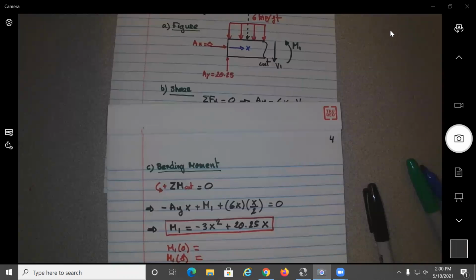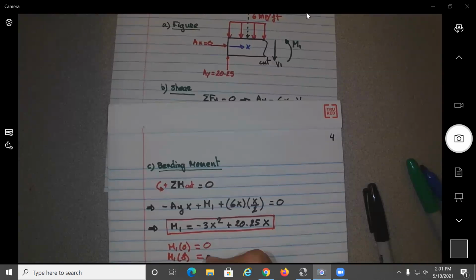Will give you what? M1 at 0 will be 0. M1 at 8, no idea. Let's see if you can do it. Negative 30. And this is kip per foot.